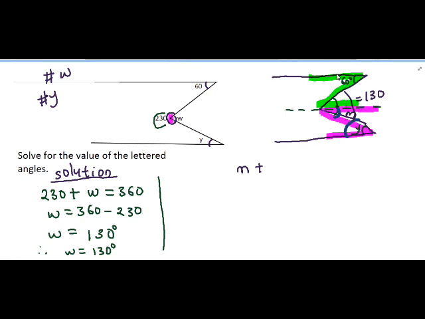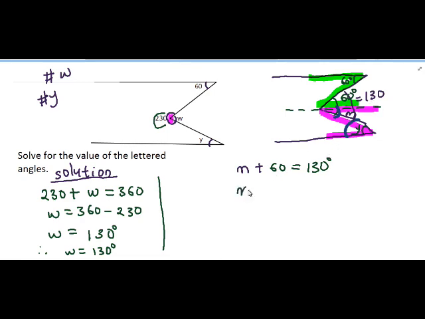Because they are alternate and we know this value, you can plug in 60 right here. So M plus 60 equals 130 degrees. That is the total angle here.